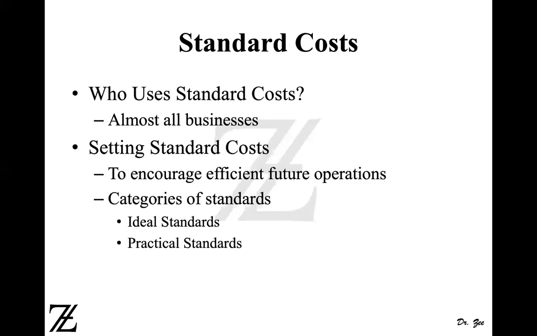Okay. Now, when we set our standards, we need to remember that there are two kinds of standards: ideal standards and practical standards. Ideal standards are hard to achieve or pretty much impossible to achieve, because you have to be right 100%. It means you have a constant efficiency and your productivity is 100%.